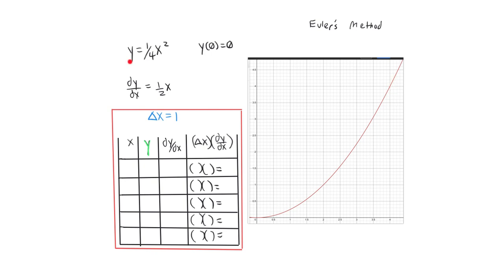Now, let's say we didn't actually have access to either this graph or the equation of the solution curve, but what we did have is this differential equation, which is the derivative of the solution curve.